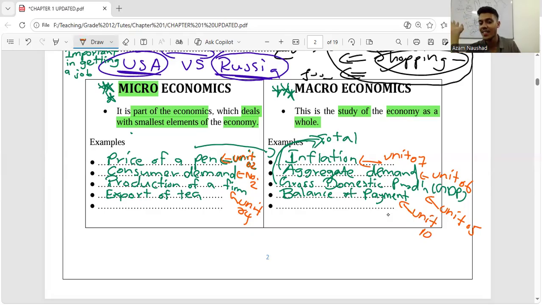So you don't need to worry until unit number 10 to get started. I'll give you the fullest idea of balance of payment in unit number 10. For the time being, you don't need to mark any unit number for export of tea. Keep that one, because exports will be discussed in unit number 9, international trade, but this is just a single product, right?